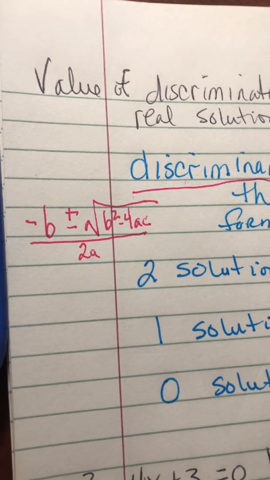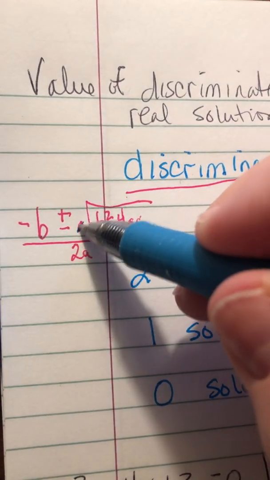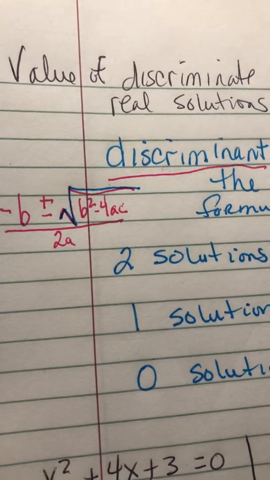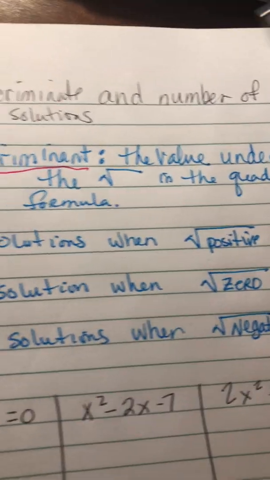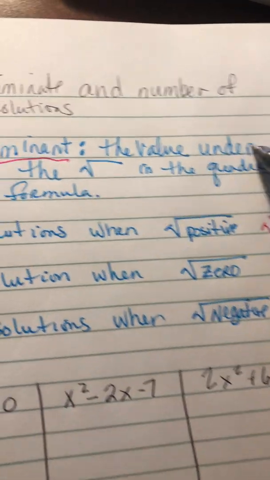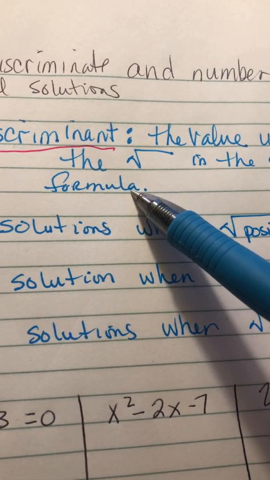The discriminant is just the part that's inside the square root, which we call a radical. So the discriminant is the value under the square root symbol in the quadratic formula.